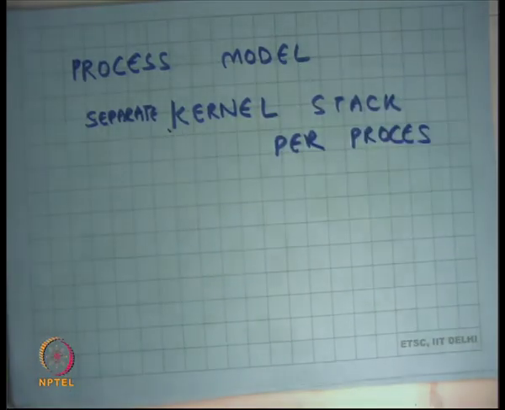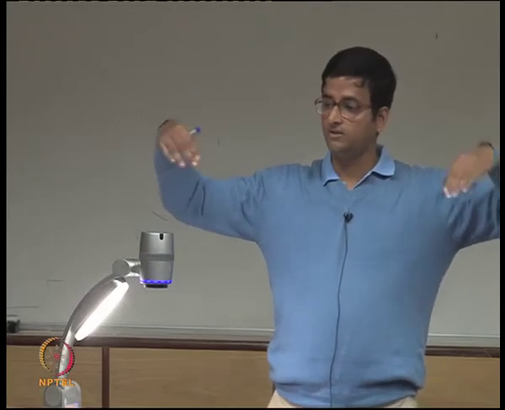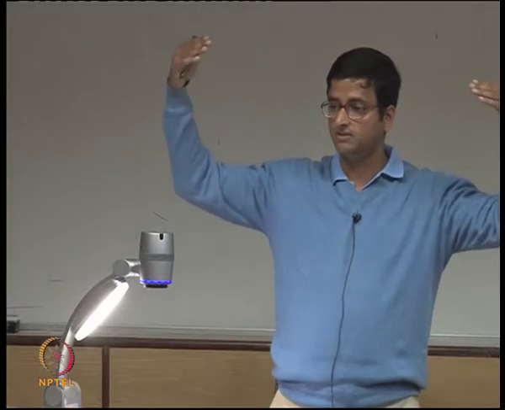So in this case, what will you do on a fork? You will create a new kernel stack, and you will copy the entire kernel stack. So apart from the user address space, which has nothing to do with the kernel stack, right? And so you're going to have a separate kernel stack per process. So when you fork, you're going to actually have two stacks, and you're going to call iret on each stack independently. So that's how you implement one entry and two exits.